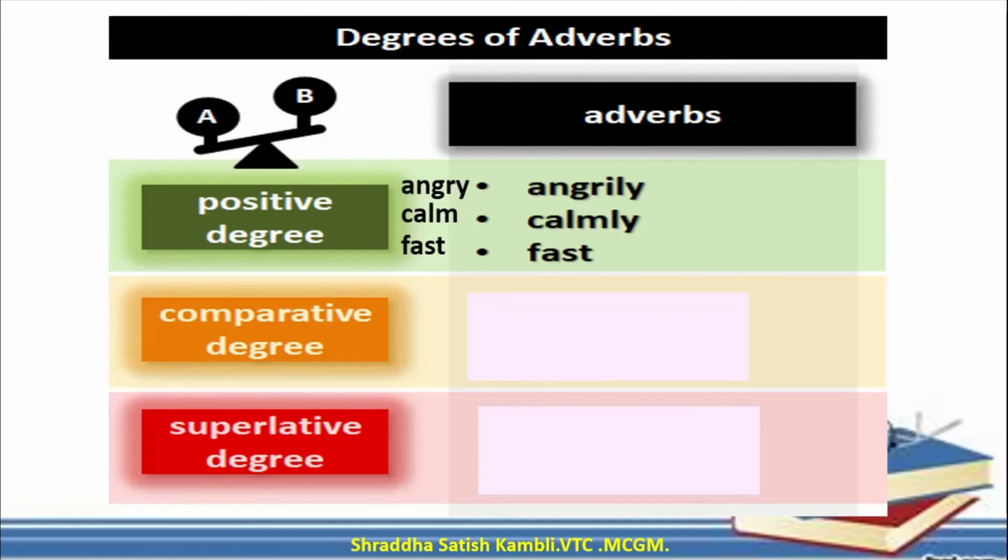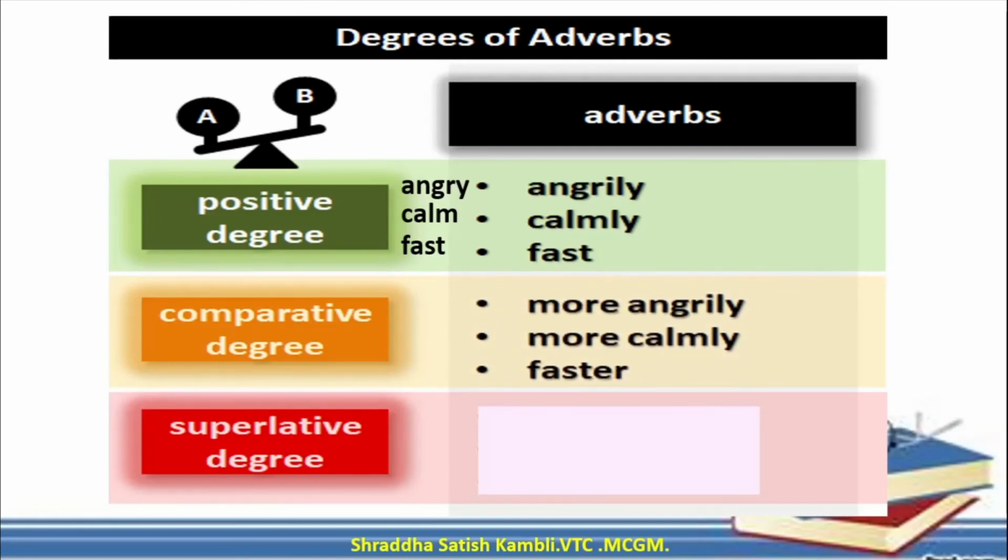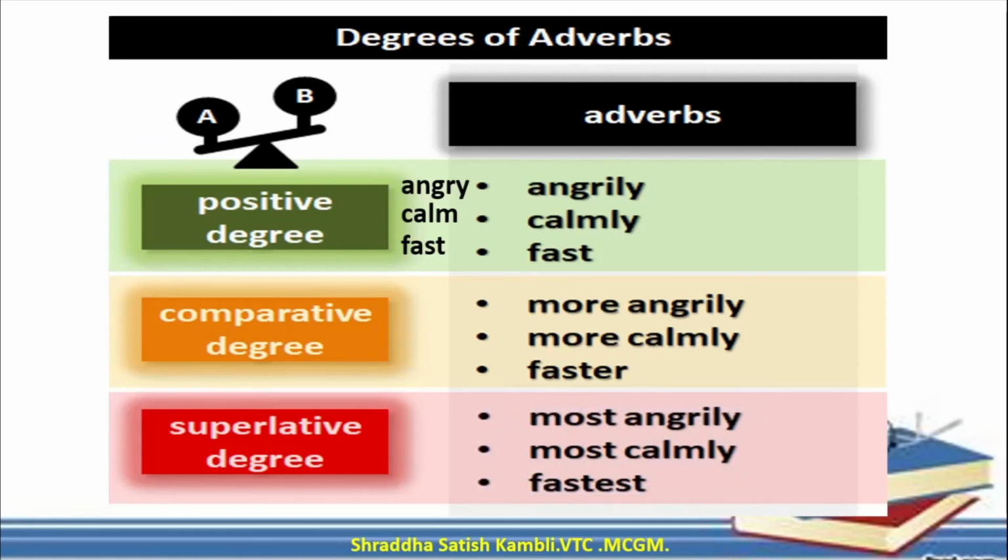When you talk about the same words in the comparative degree, see, you have more angrily, more calmly, and faster. So the adverbs which were ending in ly have taken more, and fast has become faster. And the third one, superlative degree, see, more angrily has become most angrily, more calmly has become most calmly, and faster has become fastest.